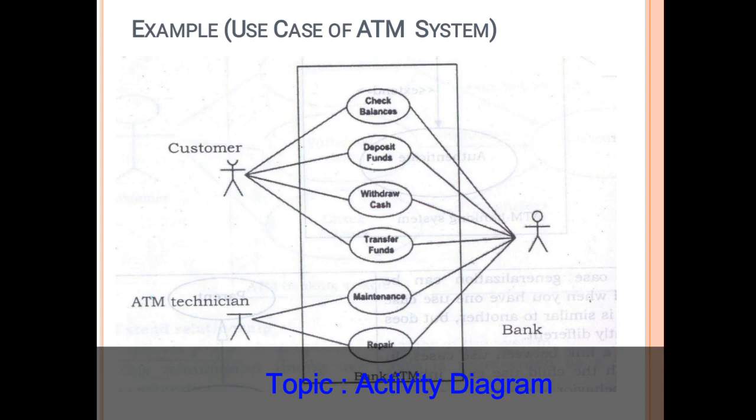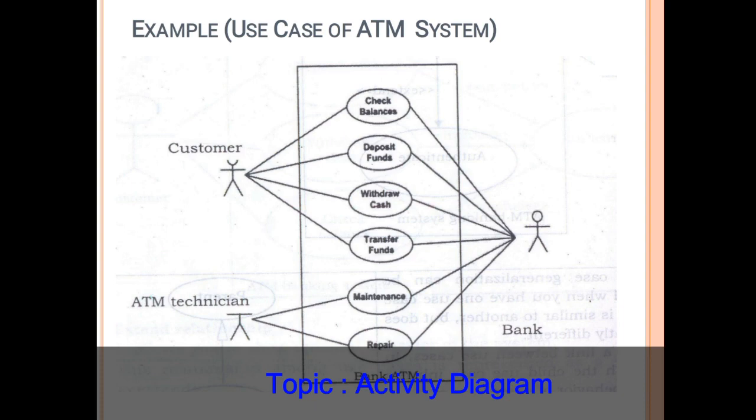The customer can check balance, deposit funds, withdraw cash, and transfer funds, while the ATM technician can maintain the whole system and repair the system, and all of this is covered by the bank system. So this is the best example of a use case diagram for the ATM bank system.